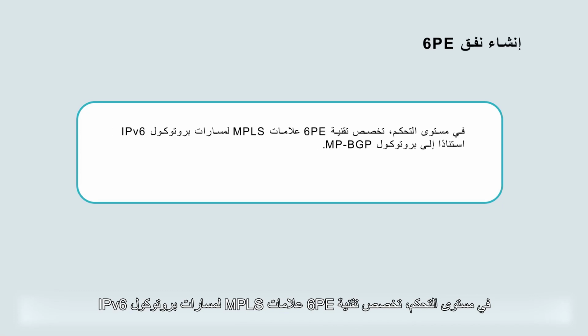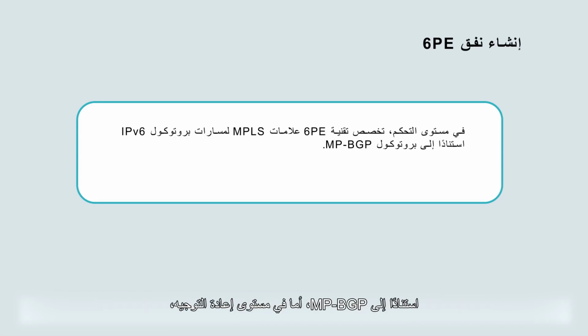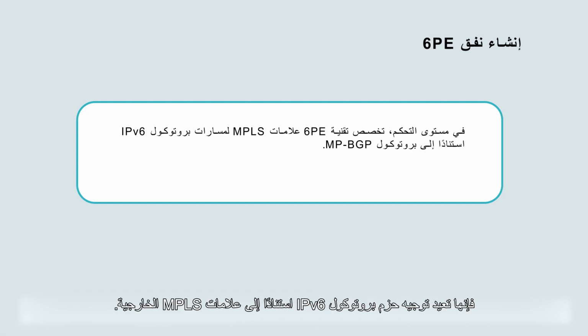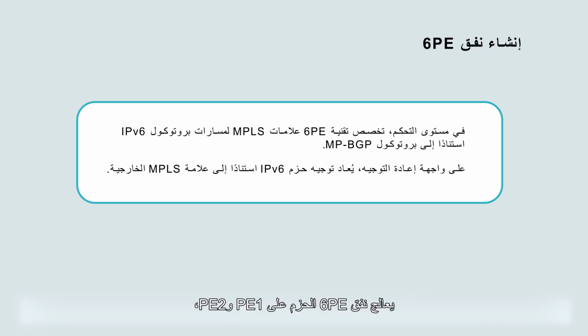The way in which 6PE works can be described from two aspects. On the control plane, 6PE allocates MPLS labels to IPv6 routes based on MPBGP, whereas on the forwarding plane, it forwards IPv6 packets based on outer MPLS labels.